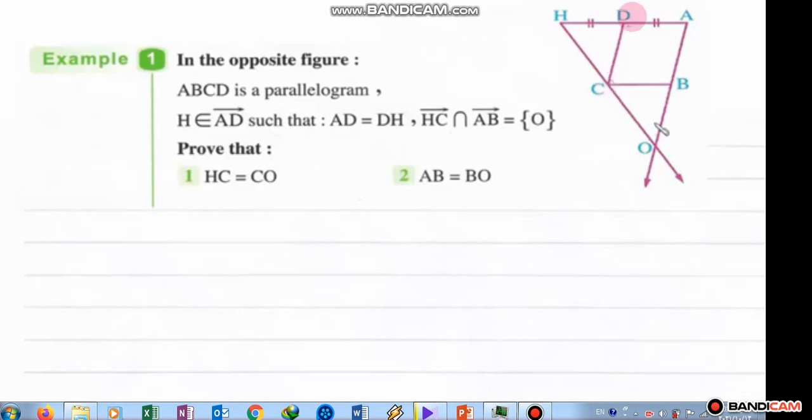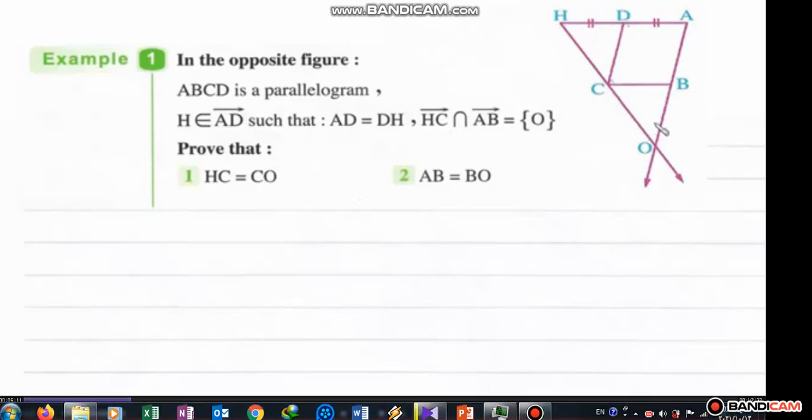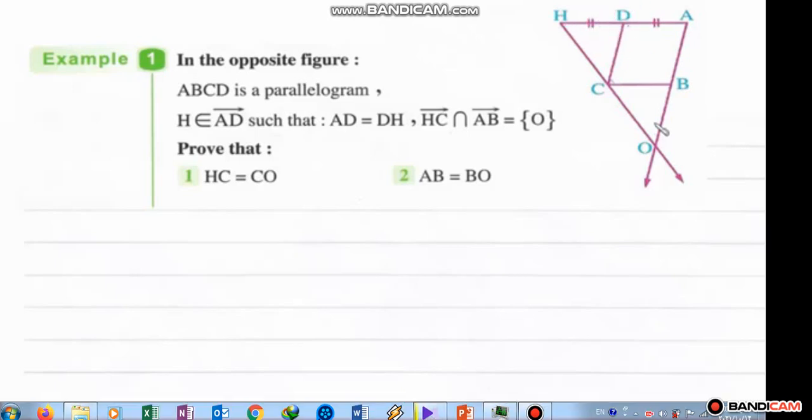Okay, again, since D is the midpoint of AH, it's given, and DC is parallel to AO because it's a parallelogram. So the two opposite sides are parallel. Then finally C is the midpoint of HO.